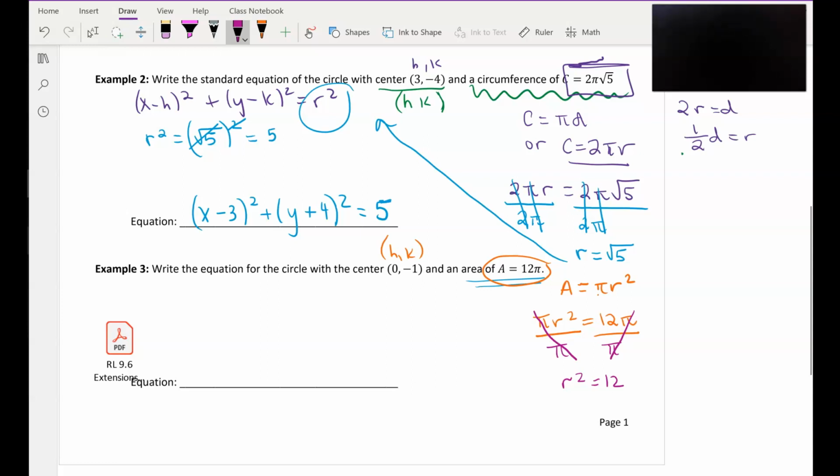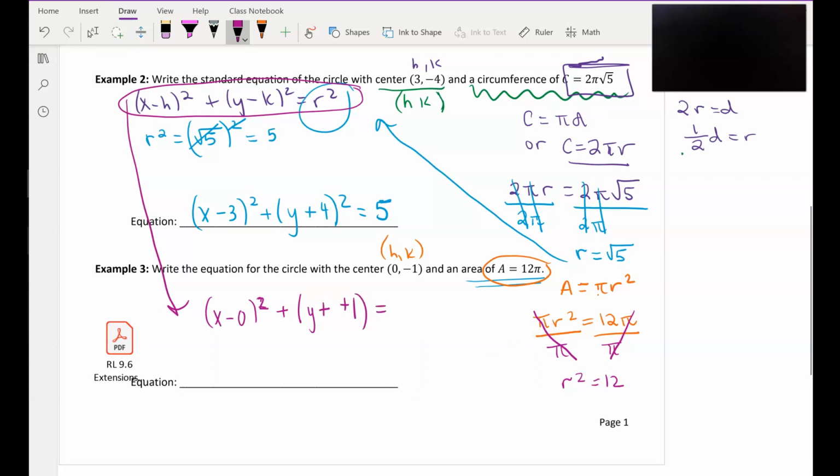So now we're ready to use the standard form of our equation. So x minus h would be x minus 0, squared, of course, plus y minus k, so y minus -1. Again, this is what causes this to become addition, that it's plus a positive.